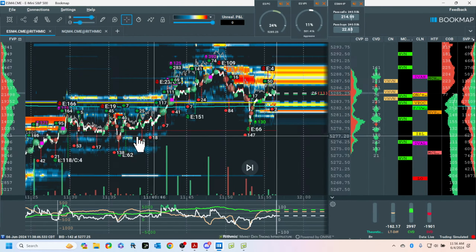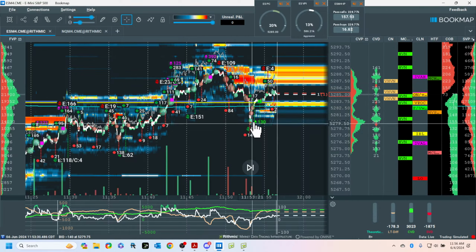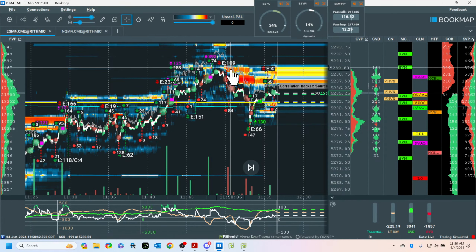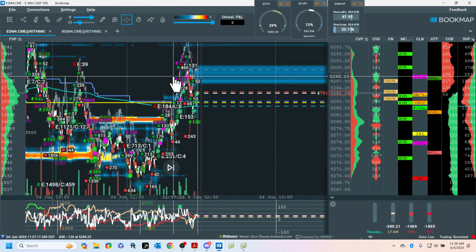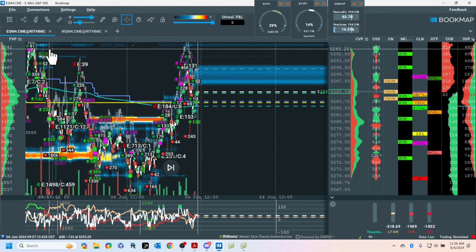But for me, I'm only on the longs because the higher time frame is up. Now, it doesn't mean I won't get short. What I'm saying is, I think if the market is short, there's fuel: buy stops up above swings.